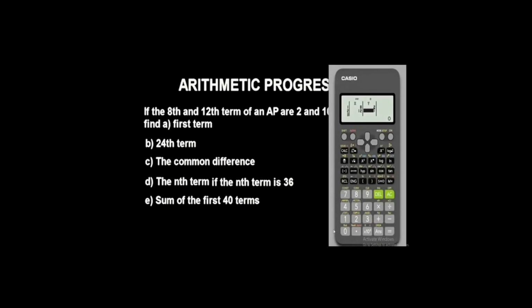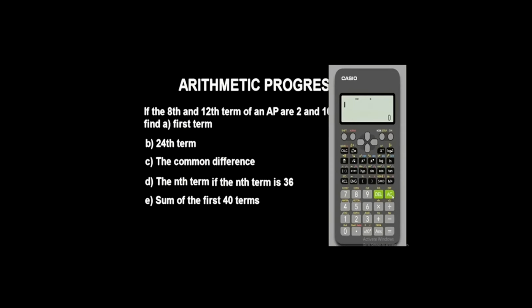Press this and it will enter. Now note that as you're inputting the values, they are being stored automatically on the calculator. So once you are done, just press the AC button to go out of this place. Alright, so the values are stored. No need to panic here, the values are stored.